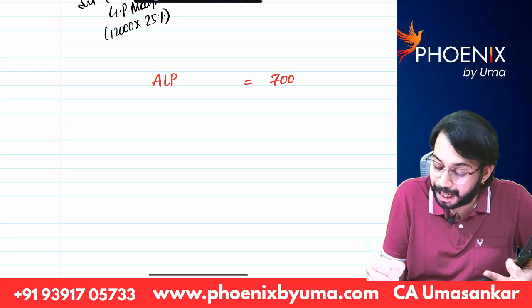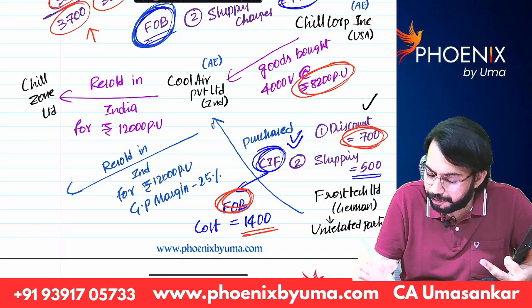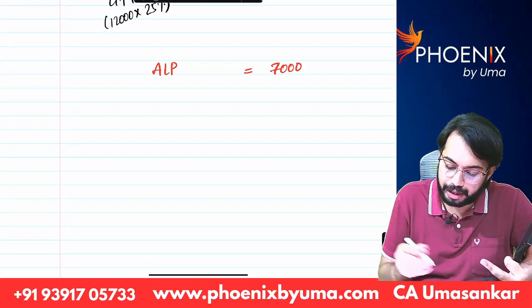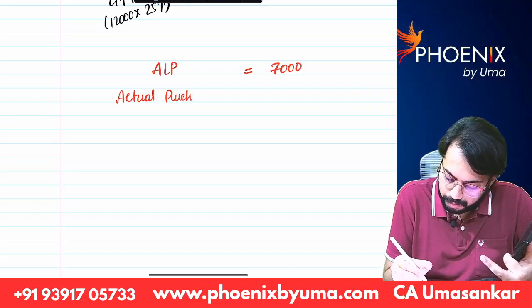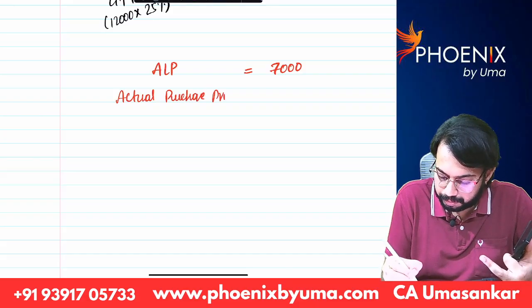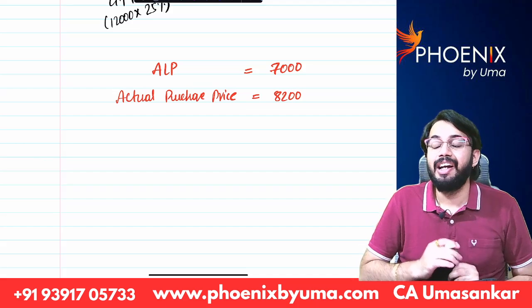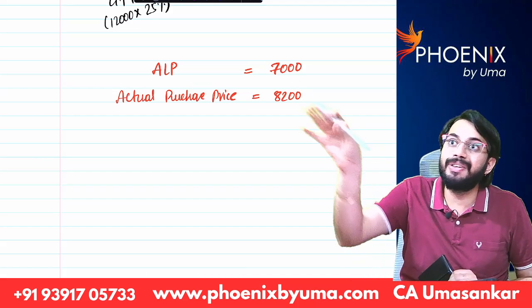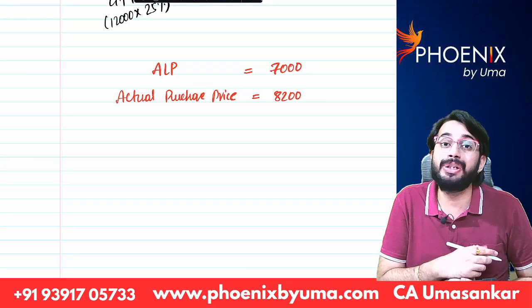How much is the actual purchase price? Actually, they are bought for 8,200 per unit. See, it is sufficient if 7,000 is paid. But how much is actually paid? 8,200 rupees.